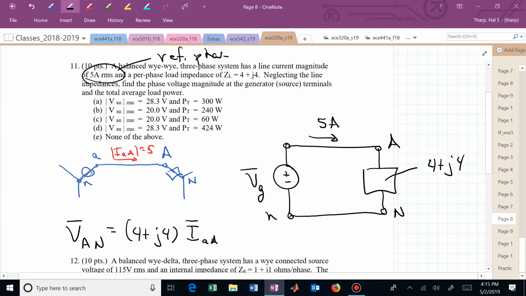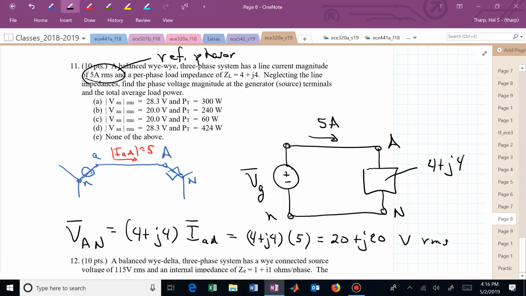We don't have to, but that simplifies things, so it has an angle of 0. Now we have 4 plus J4 times 5, or that's 20 plus J20 volts RMS. If we found the magnitude of that, wouldn't that just be 20 times the square root of 2, which is now one of our choices.